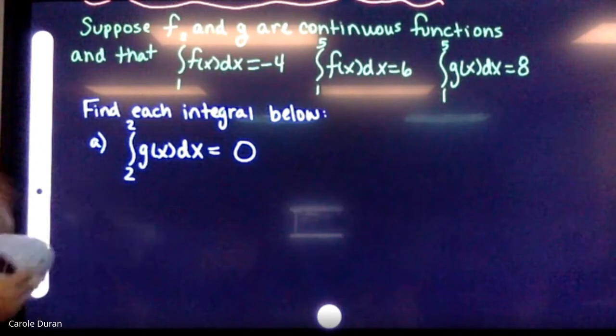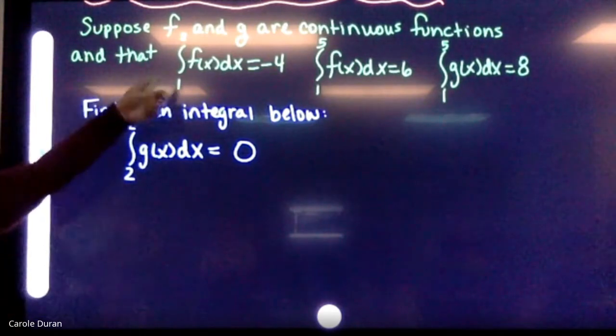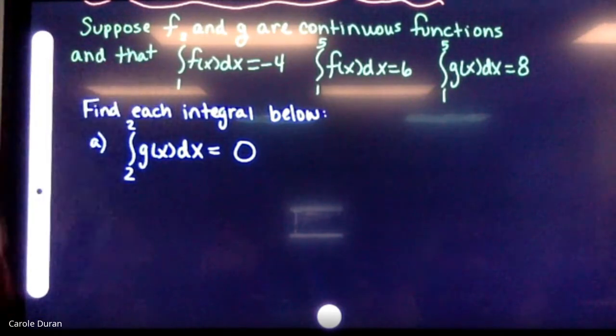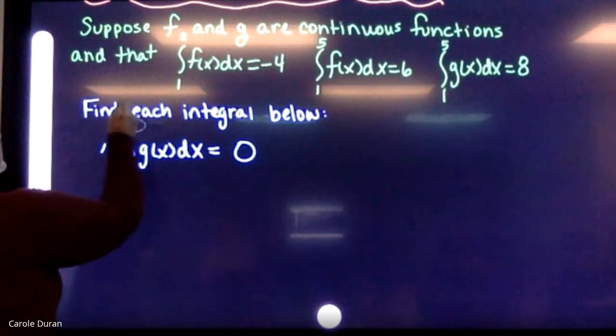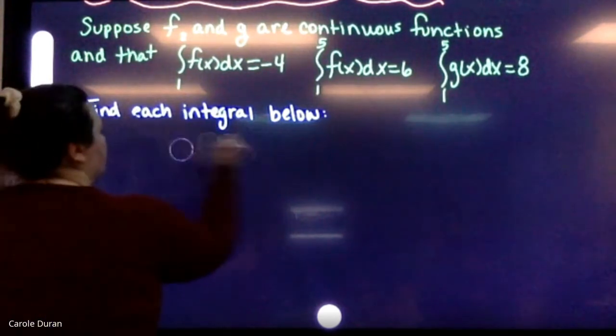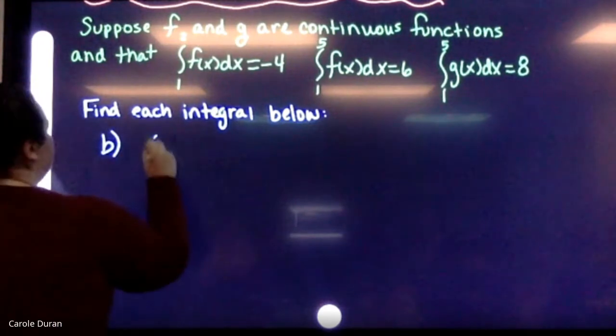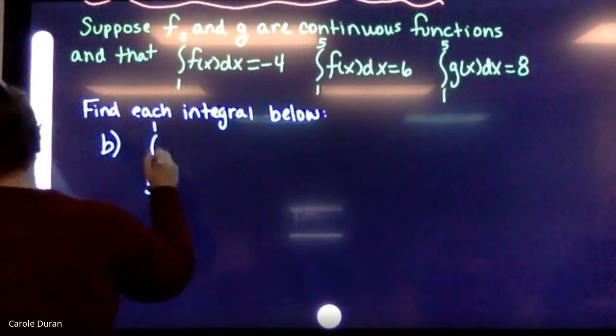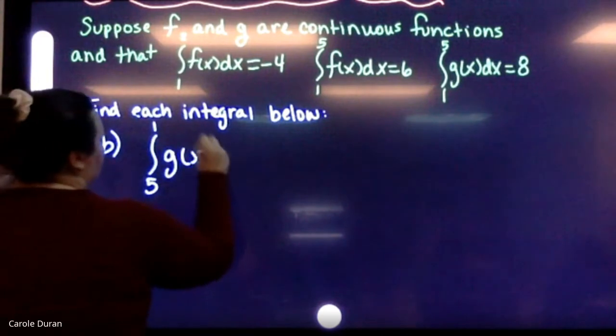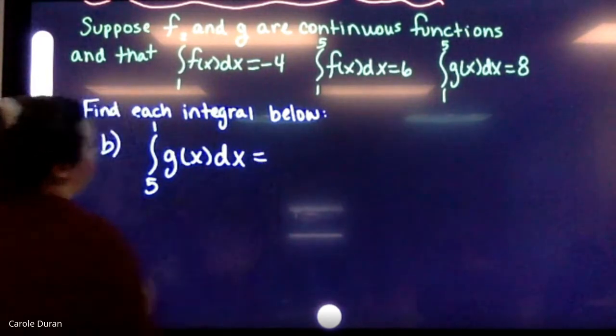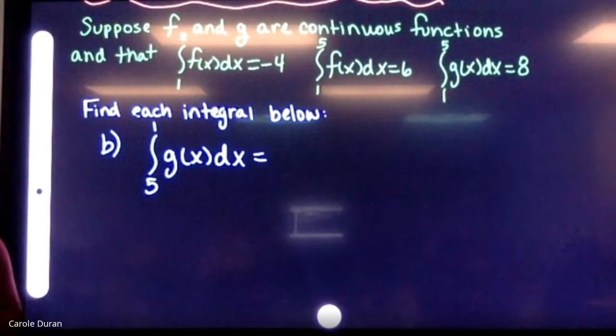Okay, so I'm actually going to erase this one and write the next one so we keep that information at the top. So our next problem is the integral from 5 to 1 of g of x dx.